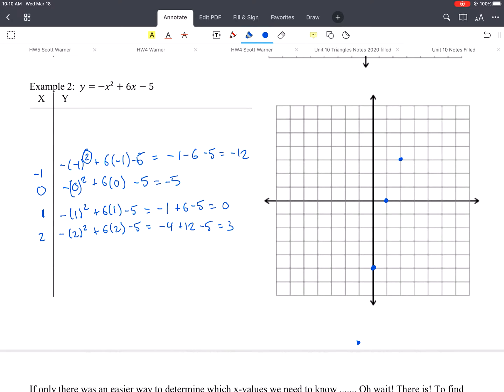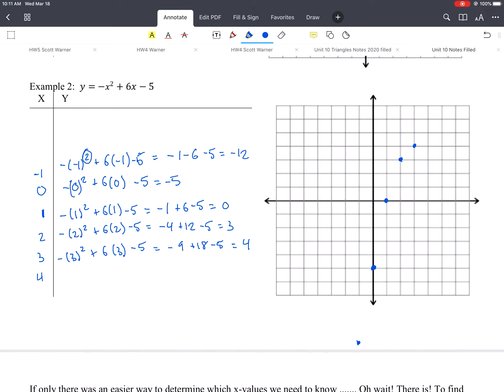We could try 3. That gives us negative 3 squared plus 6 times 3 minus 5. That gives you negative 9 plus 18 minus 5. And looks like that would give you 4. So we've got 3 comma 4.